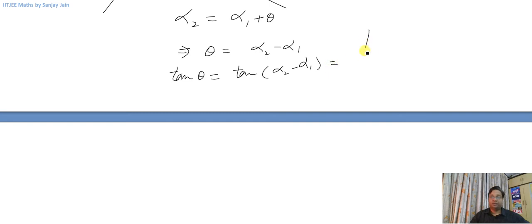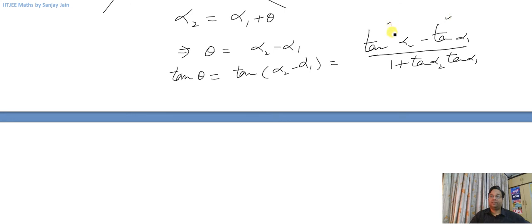It is equal to tan a minus tan b divided by 1 plus tan a tan b. And what are tan alpha 1, tan alpha 2? These are slopes of lines L1 and L2. So let me write it in terms of m2 and m1. m2 minus m1 divided by 1 plus m1 m2 will be the expression for tan of theta.